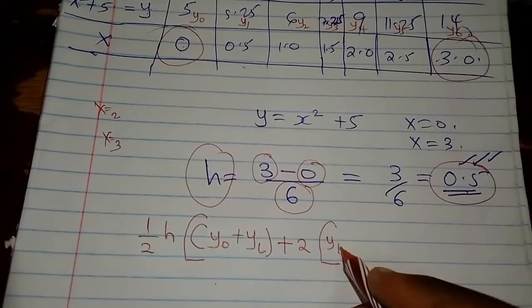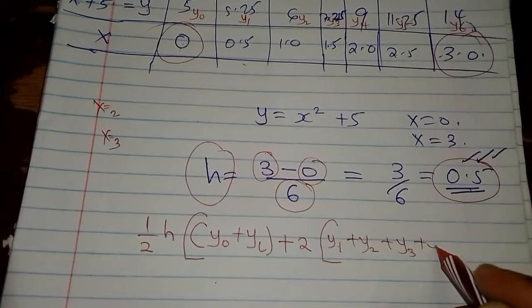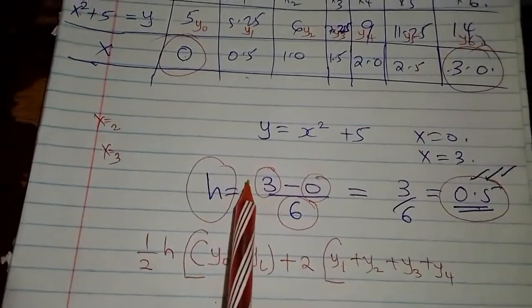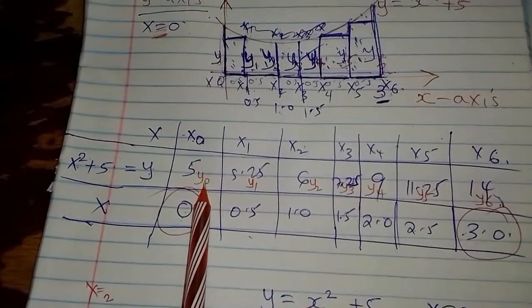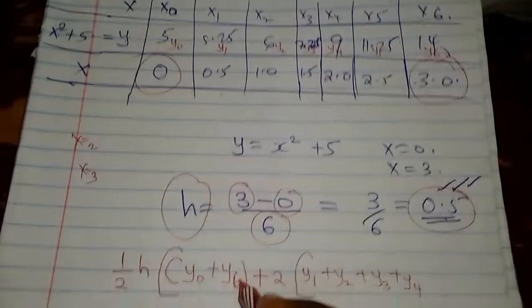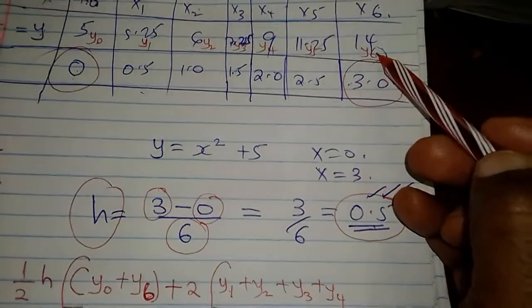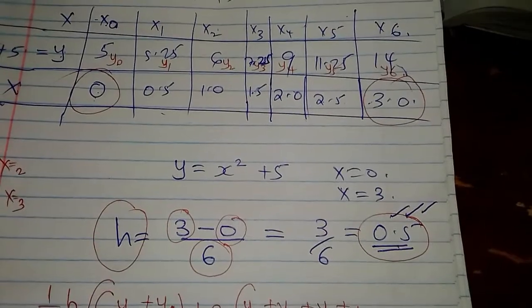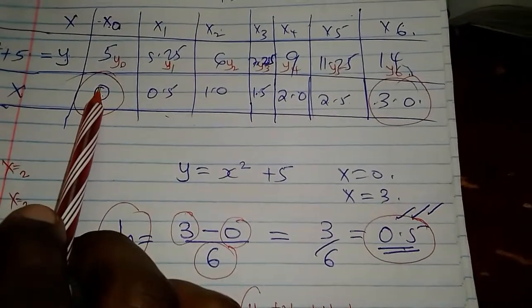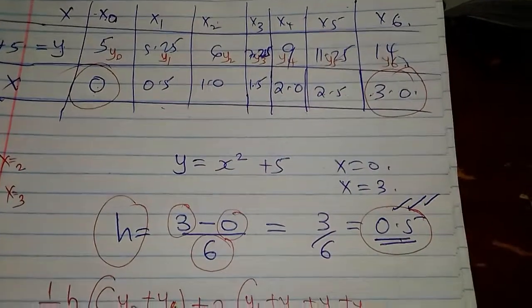So from y0 we have y1, then y2, then y3, then y4. Using this case, I'm going to have y0 and y6. So I'm going to say y6 instead of saying y last, because the last one is y6. So I'm going to say y0 is 1, and then y last, y6.